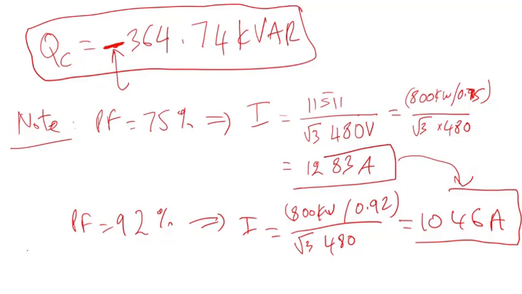Two, we want to calculate the capacitance. We know QC is equal to V squared divided by the impedance of the capacitor.